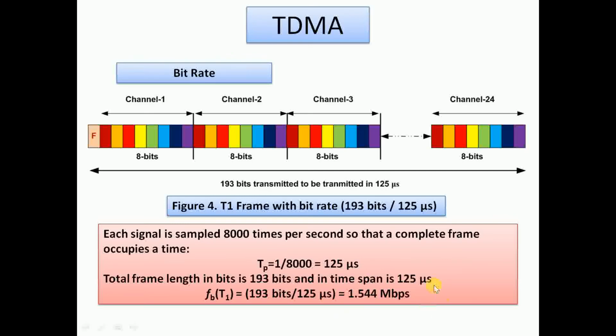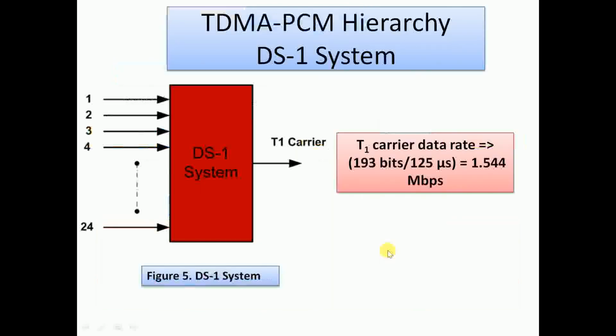This is the data rate for the T1 carrier that we all have to remember. A simple calculation: the transmission of 193 bits in 125 microseconds comes out to be 1.544 megabits per second. Now let us discuss TDM and PCM hierarchy.